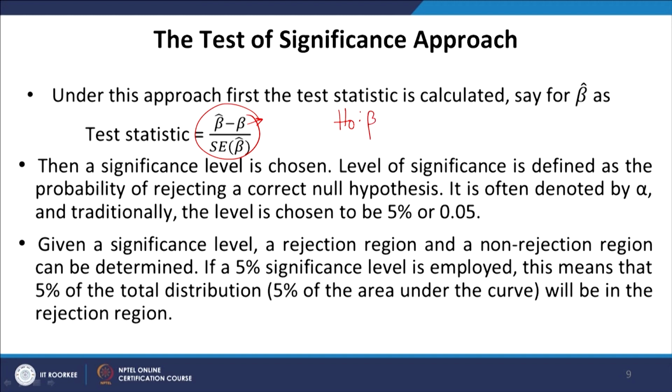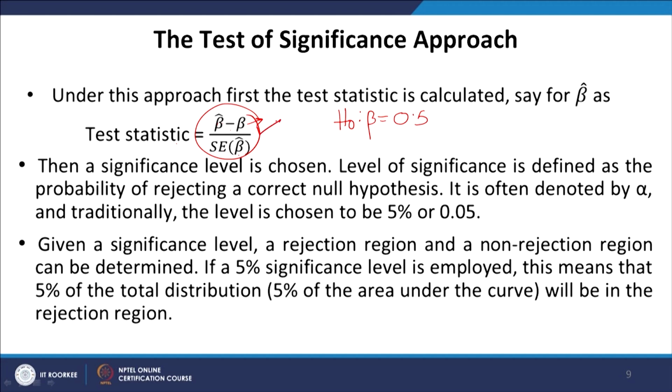If the null hypothesis is beta equals 0, then my test statistic will be beta hat minus 0, that is only beta hat in the numerator, divided by the standard error of beta hat. If the null hypothesis is beta equals 0.5, then my test statistic is beta hat, the calculated or estimated value from the regression, minus 0.5 divided by the calculated standard error of beta hat, right.